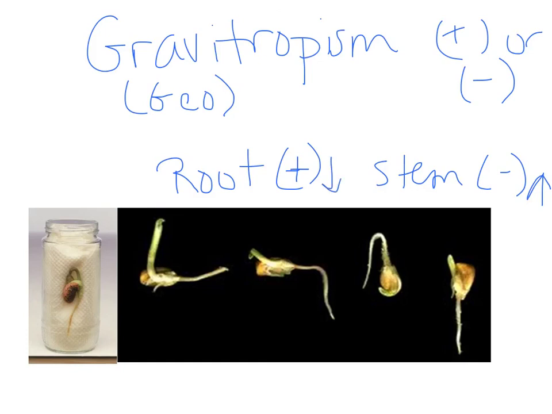So you've got a positive and negative geotropism happening in the same plant. You can see this seed here, this root, no matter what direction they put the seed, that root will bend back down, okay, to go with gravity, to have that positive gravitropism or geotropism response.